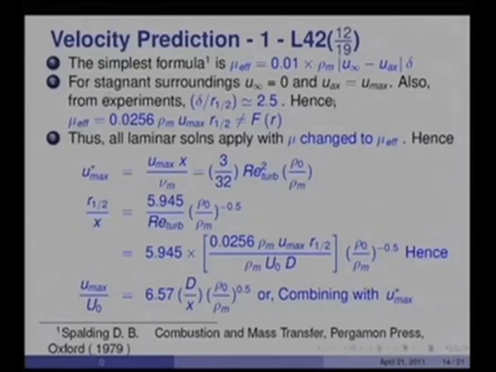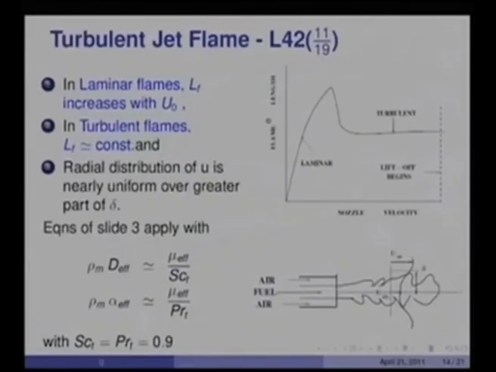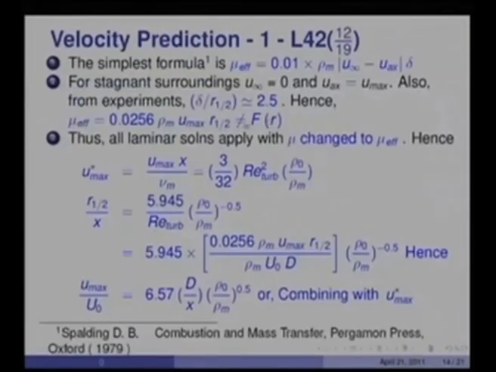And for stagnant surroundings, of course, u infinity is 0, u x will be u max, and also from experiments it is found that the jet width delta divided by r half, the jet half width, is about 2.5 in turbulent boundary layers, in turbulent jets.